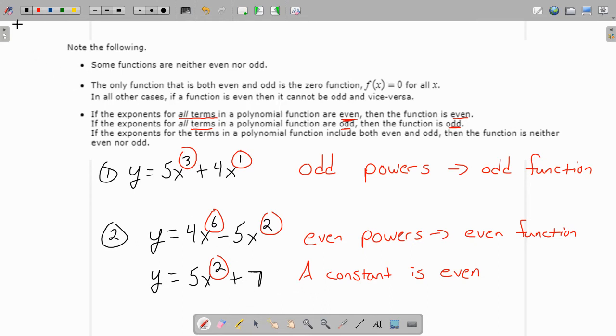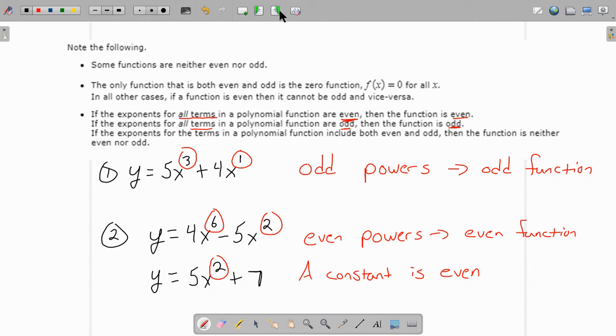This power here, it's really, this has an x power of 0. This is still an even function. So a constant, no matter if it's even, odd, positive, negative, a constant is considered part of an even function. So the constant isn't even, but the constant is considered part of an even function.